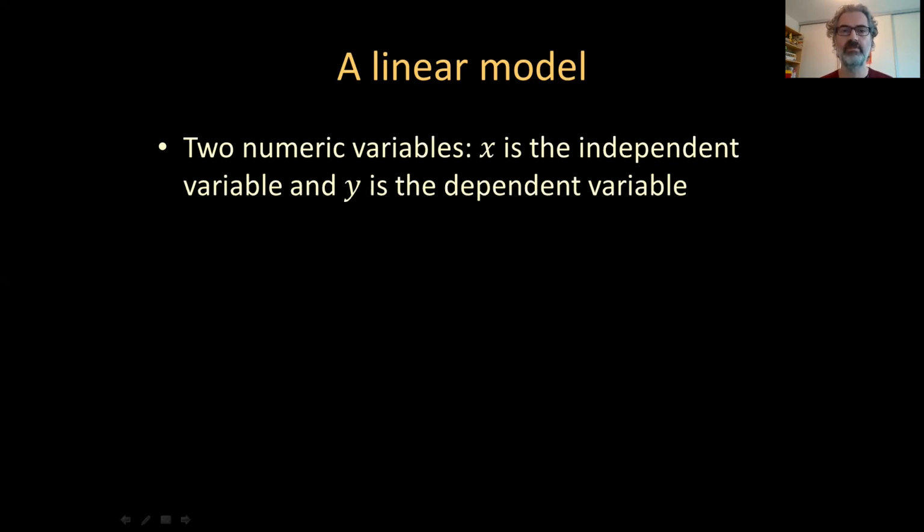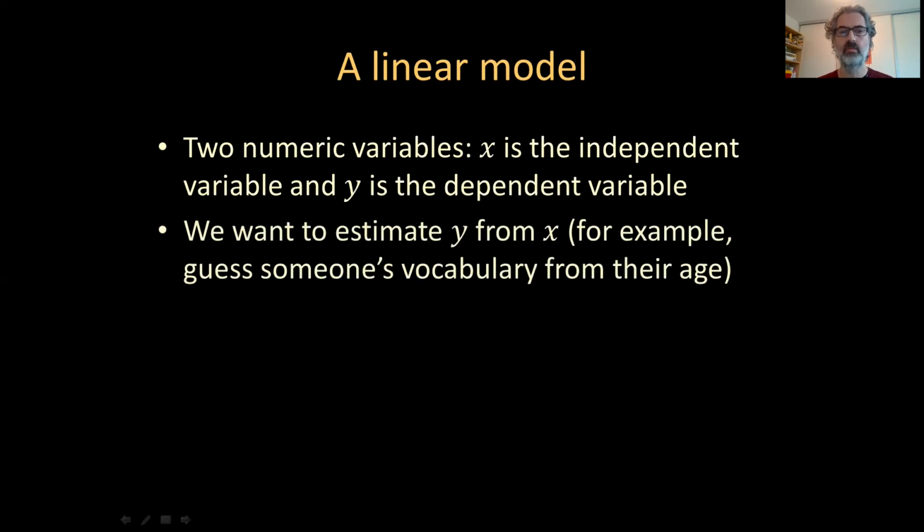So there are just two numeric variables in our linear model, and we're going to have one dependent variable called y for our purposes here, and one independent variable called x. So we'll be trying to predict y from x. We want specifically to estimate the values of y from the values of x.